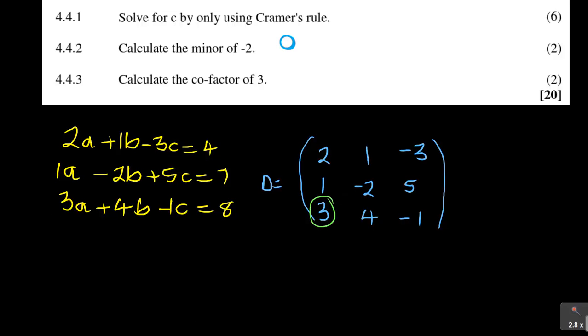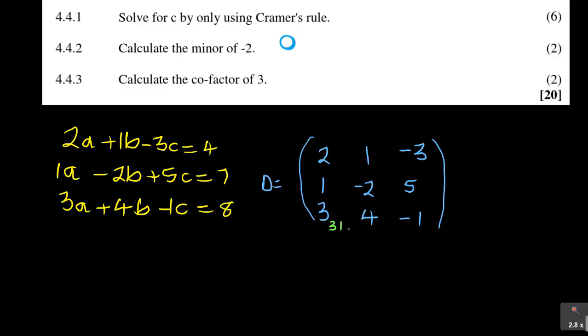The number 3 is in row number 3, because these are row 1, row 2, and row 3. And then column 1, column 2, and column 3. So it is in row number 3 and column number 1.